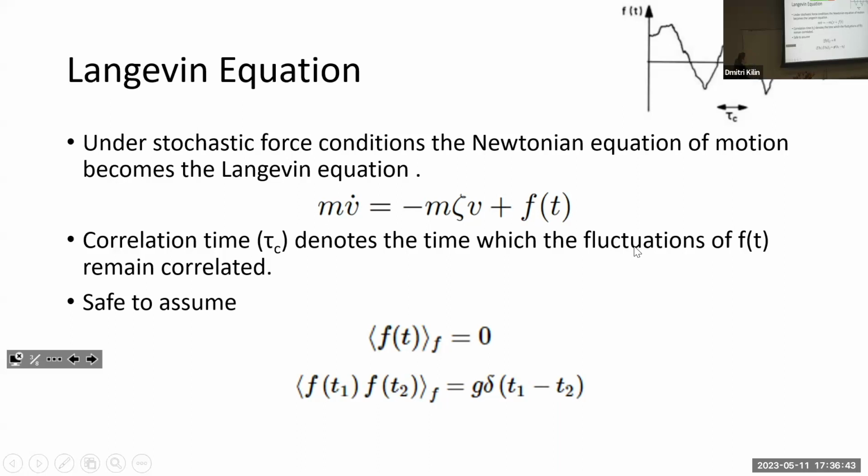Under those stochastic force conditions, the Newtonian equation of motion becomes the Langevin equation, which is given here, where this is the stochastic force that I talked about on the last slide, M is mass, V is velocity, and then the fancy C in this case is a coefficient describing the friction between the particle and the bath.